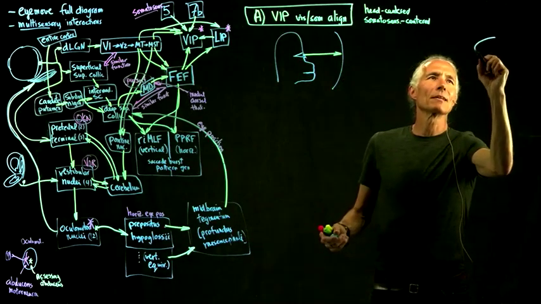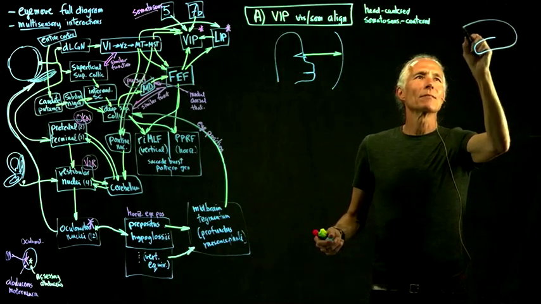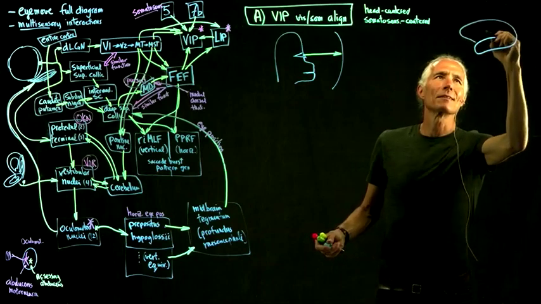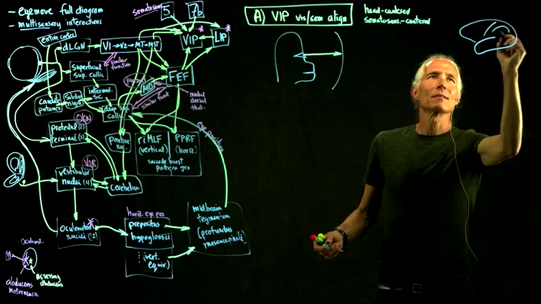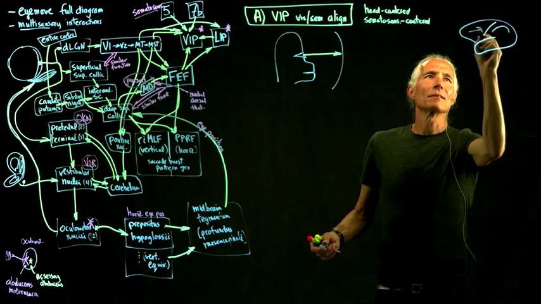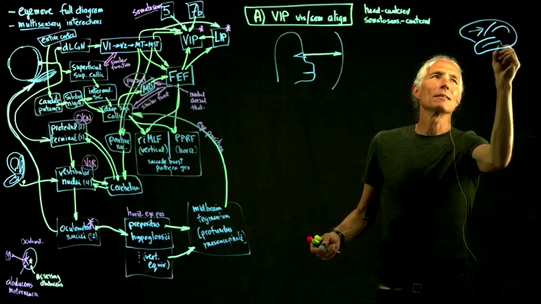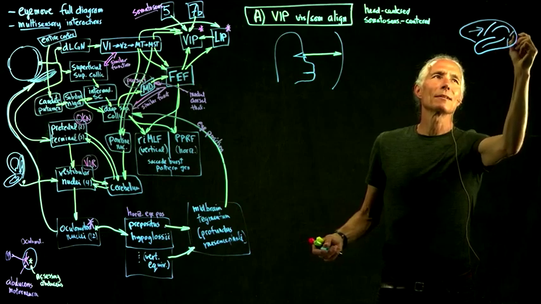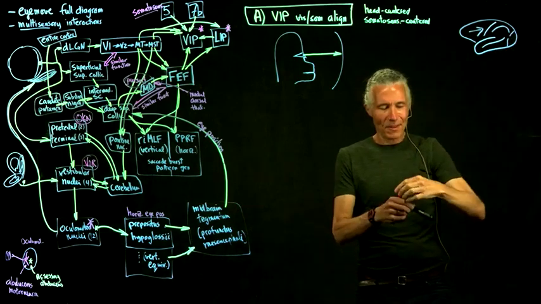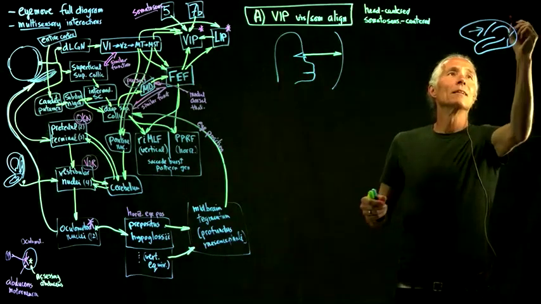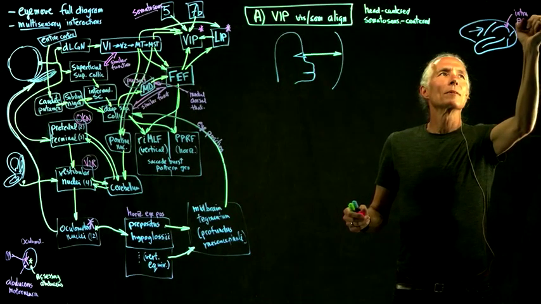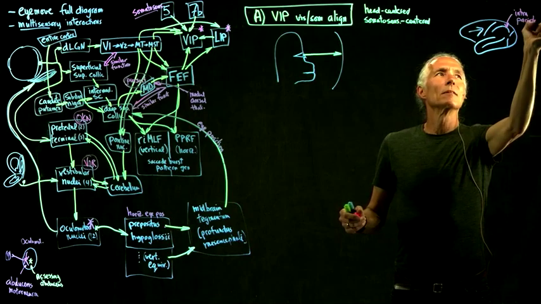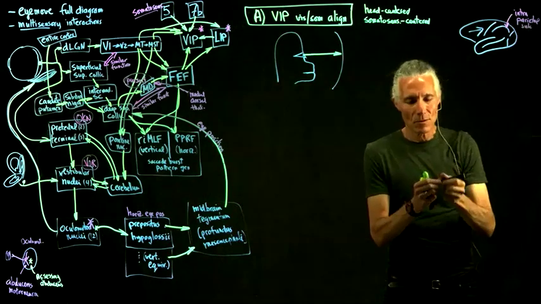Well, let's make a quick drawing of a macaque monkey here. That's the central sulcus, that's the intraparietal sulcus, and here are the frontal sulci, the STS, and the inferior occipital lunate. So where is VIP?